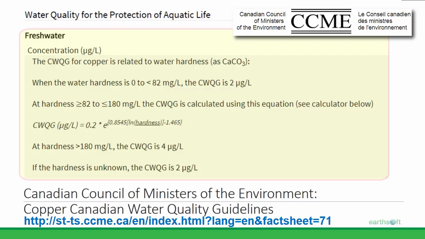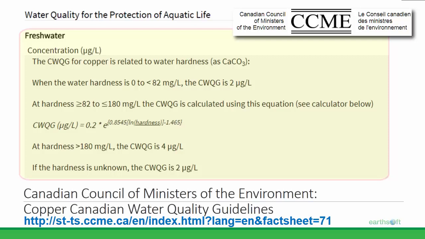And you can see that it's essentially saying that the copper action level is related to the hardness values. And so when hardness is 0 to 82 milligrams per liter, then the CWQG copper action level will be 2 micrograms per liter. Then that changes to a calculated action level if the hardness is between 82 and 180 milligrams per liter, inclusive.